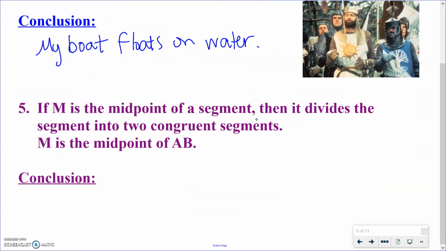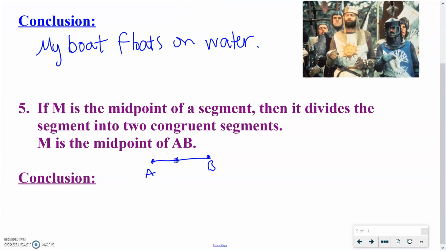Okay. This next one is a little bit tougher because of the way that it's worded. It says, if M is the midpoint of a segment, then it divides the segment into two congruent segments. Okay, so we're not going to take the wording directly from the conclusion on this one. We're saying, oh, M is the midpoint of AB, so you can even draw yourself a little diagram here.